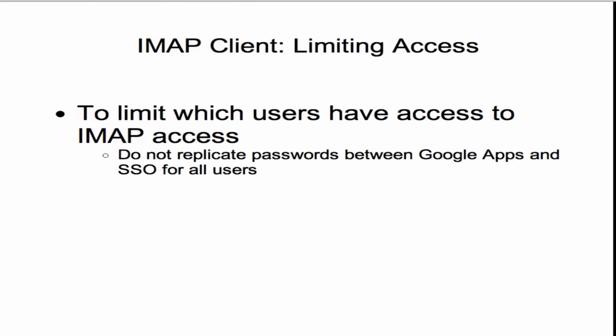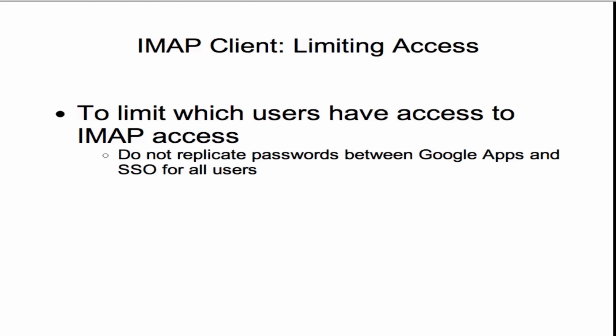To implement this solution, for the users who you want to have IMAP access, you would let them know what their password is. Either A, synchronize the password from the single sign-on system only for those users who will be using an IMAP client, and so they can use the same password, or B, configure the password in Google Apps for those users who will have access to IMAP, and then communicate that password to the users who will have access.